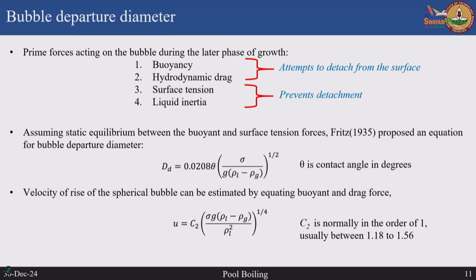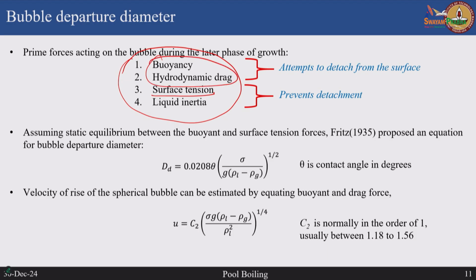This has been looked at by different people, and there are primarily 4 forces which are acting on the bubble. At the time the bubble is still nucleating, you have a surface tension, okay, and at the time when it is about to grow and detach, you have basically buoyancy and drag force.